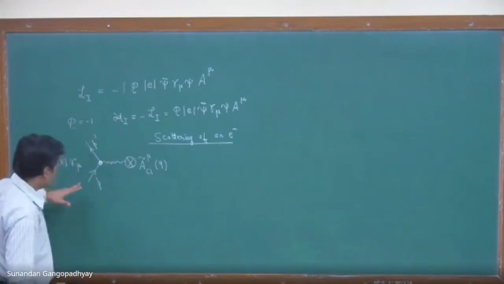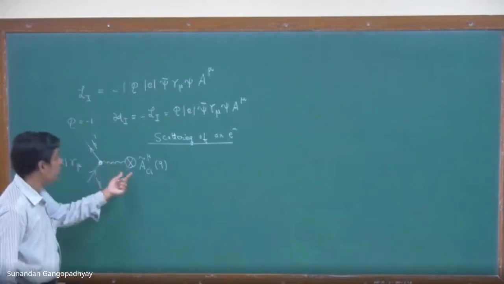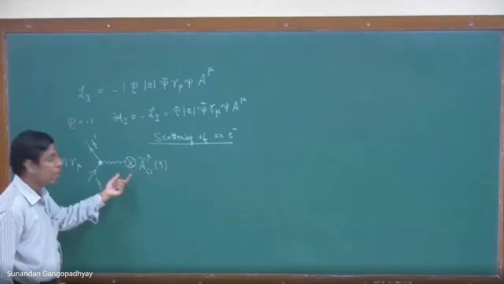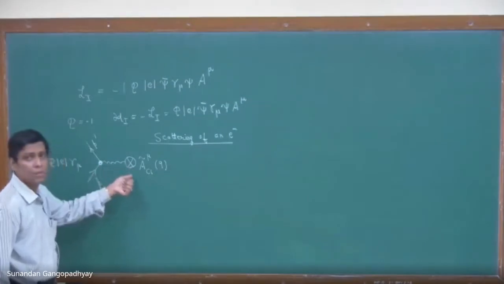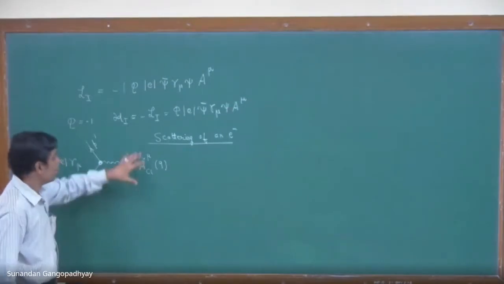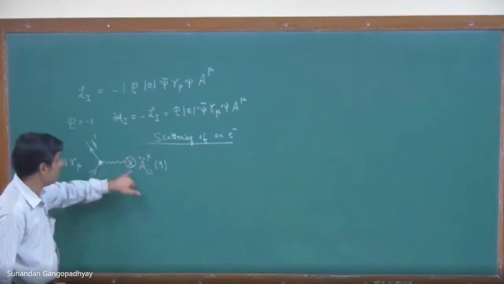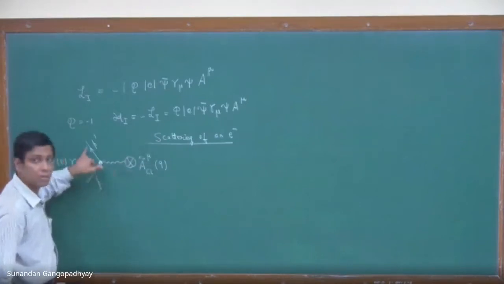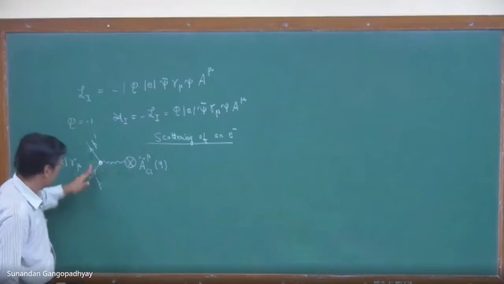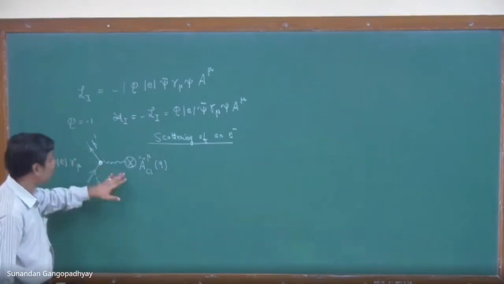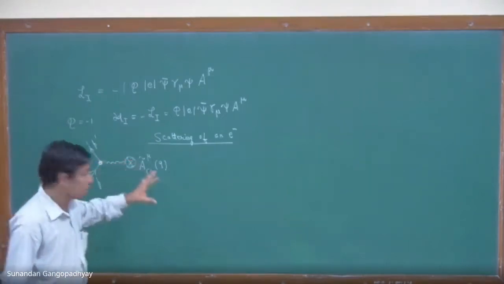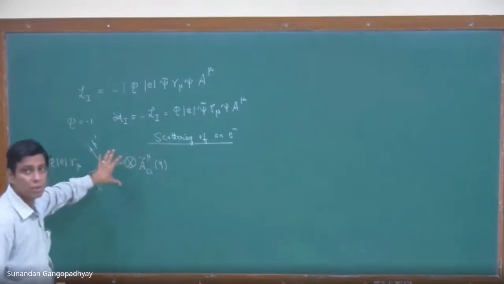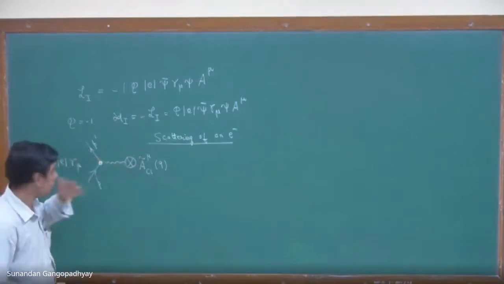We shall assume that the electron is getting scattered due to a classical potential it sees because of this positively charged nucleus. So this electromagnetic potential is not dynamical in nature, it is static.